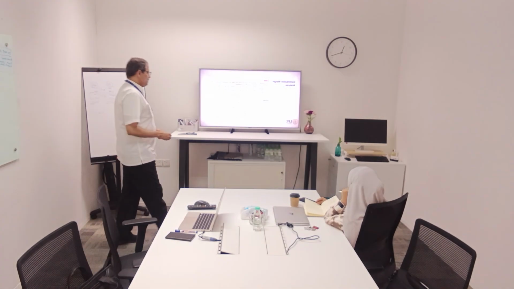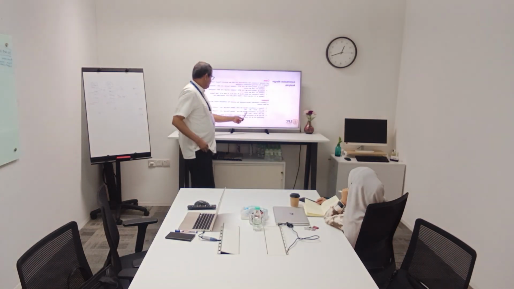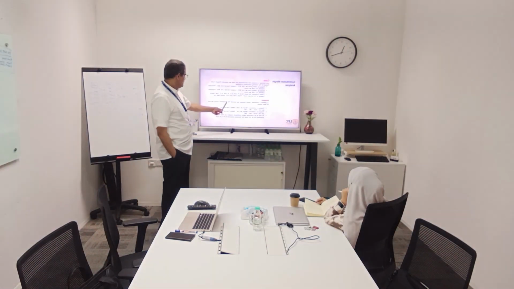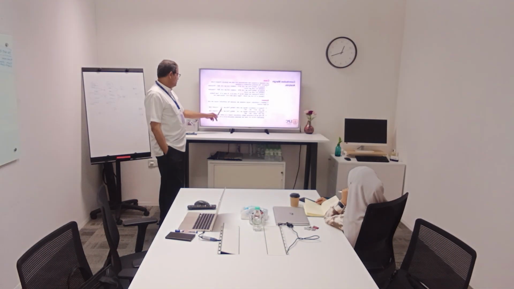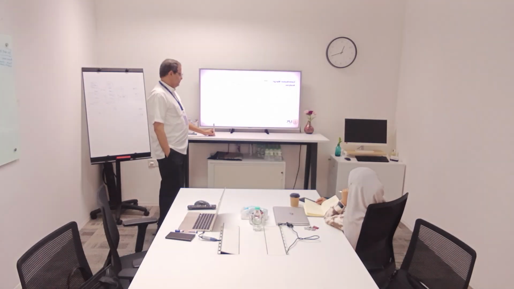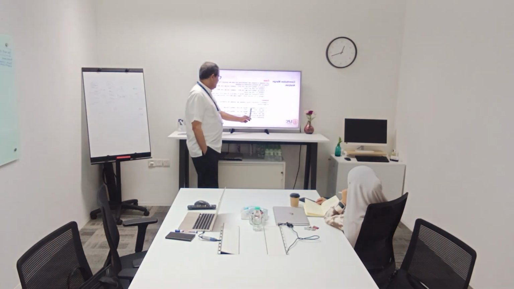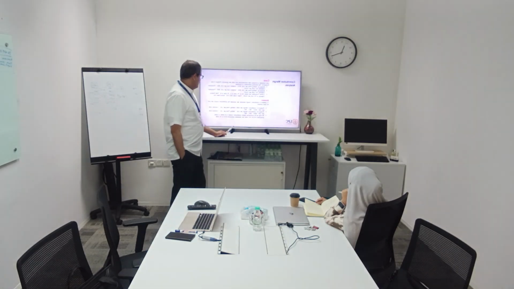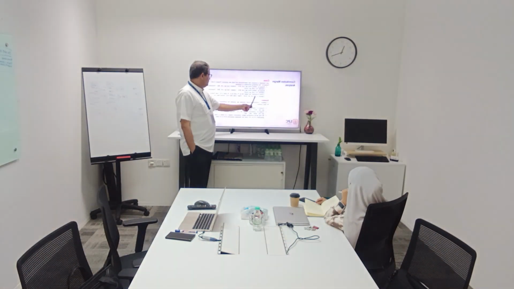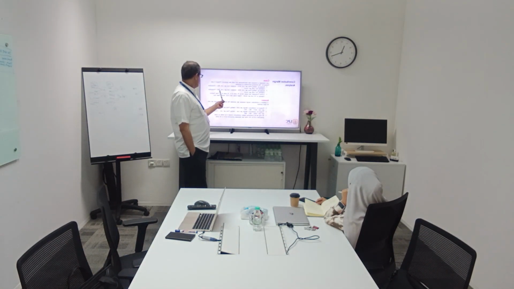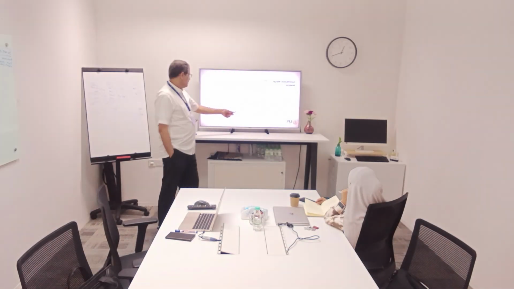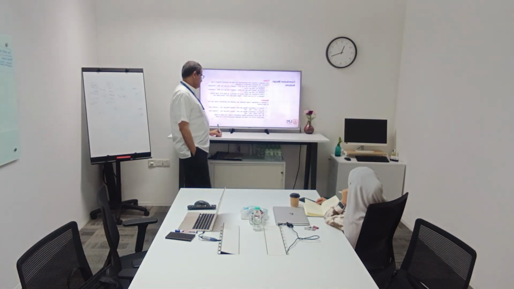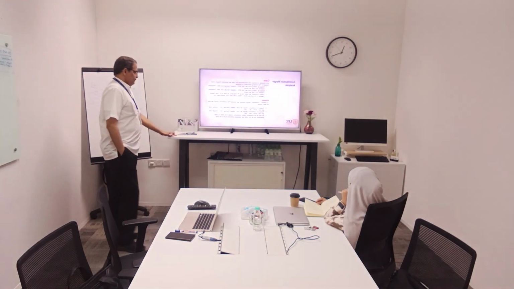Here we have the contribution margin for A, which is the selling price per unit minus variable cost, which is 100 for A minus 60, so 40. For B, the price is 150 minus variable cost 90, so the contribution is 60.